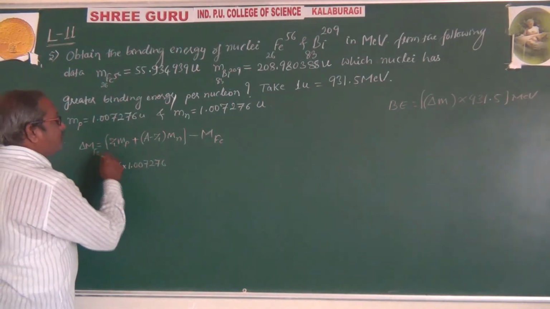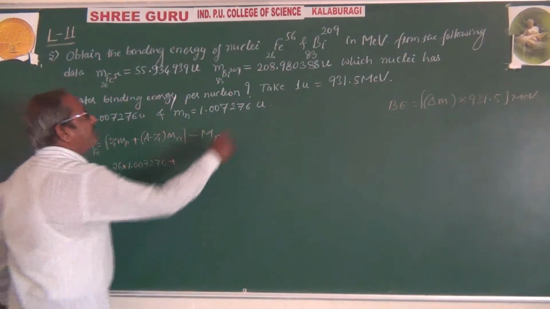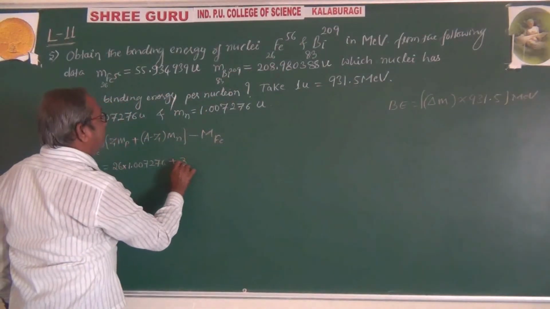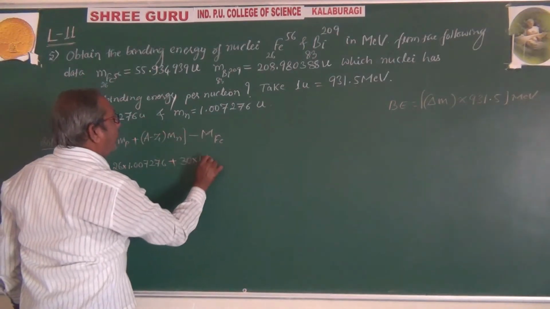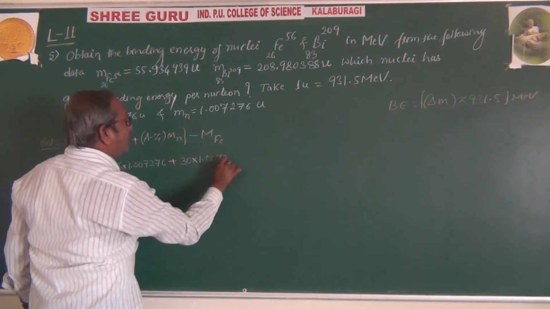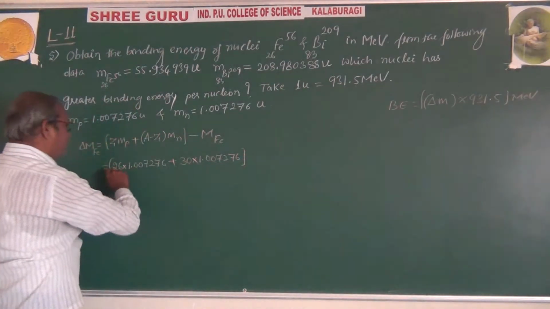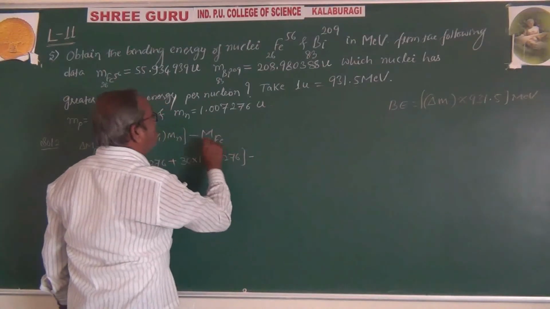This is the mass of proton, plus A minus Z, 56 minus 26, it becomes 30, into the mass of neutron, 1.007276. This is the sum of the masses of constituent particles, minus M suffix F.